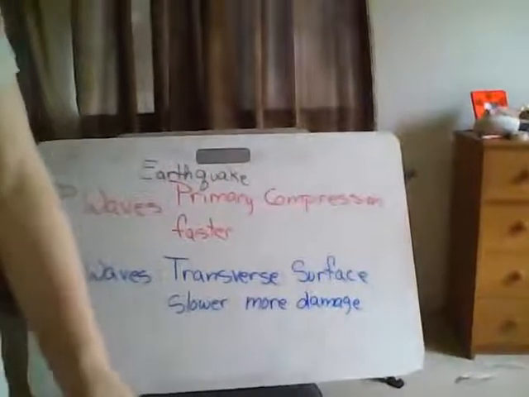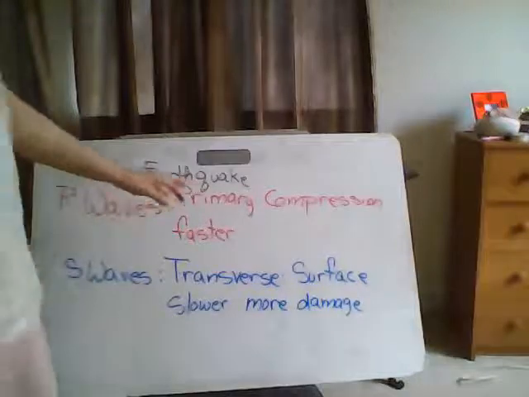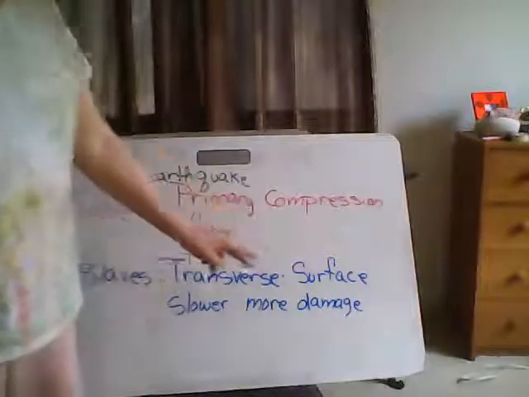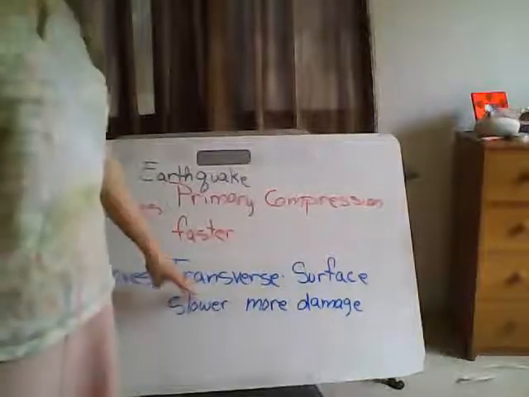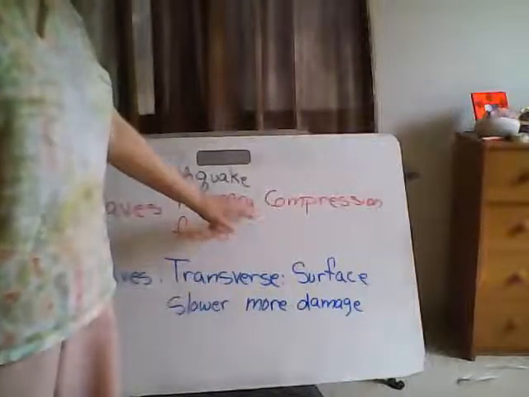Now, the first one to arrive is the P wave. So that is the faster wave. That means a lot of the energy has gone into speed. So there is not as much left over to do damage as with the S wave, your transverse waves. So this is your longitudinal wave, the P wave.